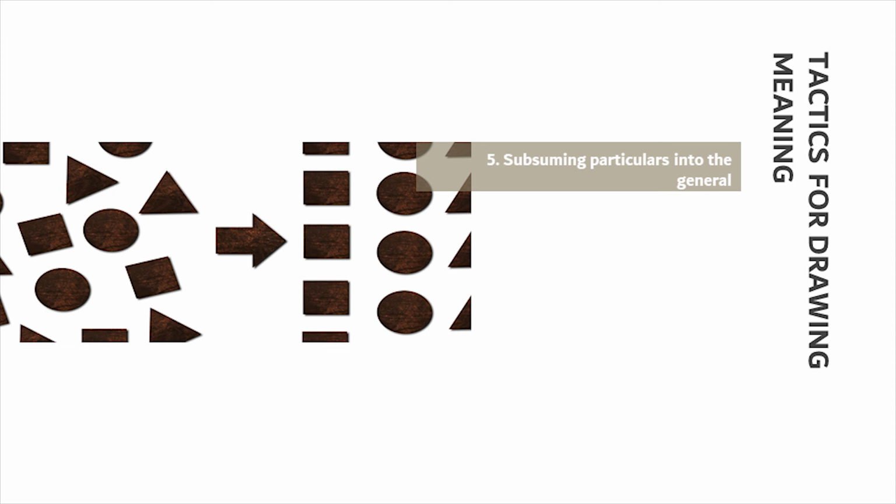Subsuming particulars into the general is a conceptual and theoretical activity. The researcher needs to go back and forth between the first-level data and more general categories that evolve and develop until the category is saturated.